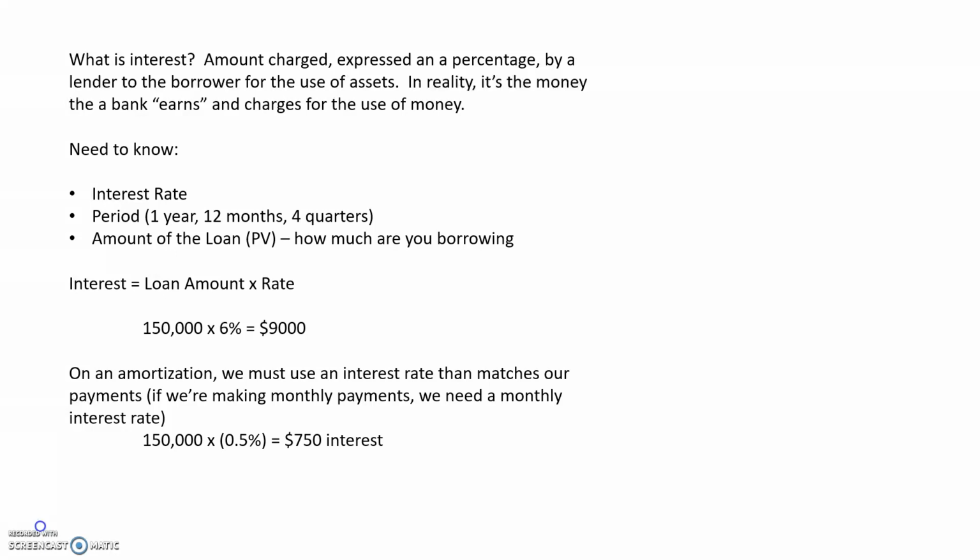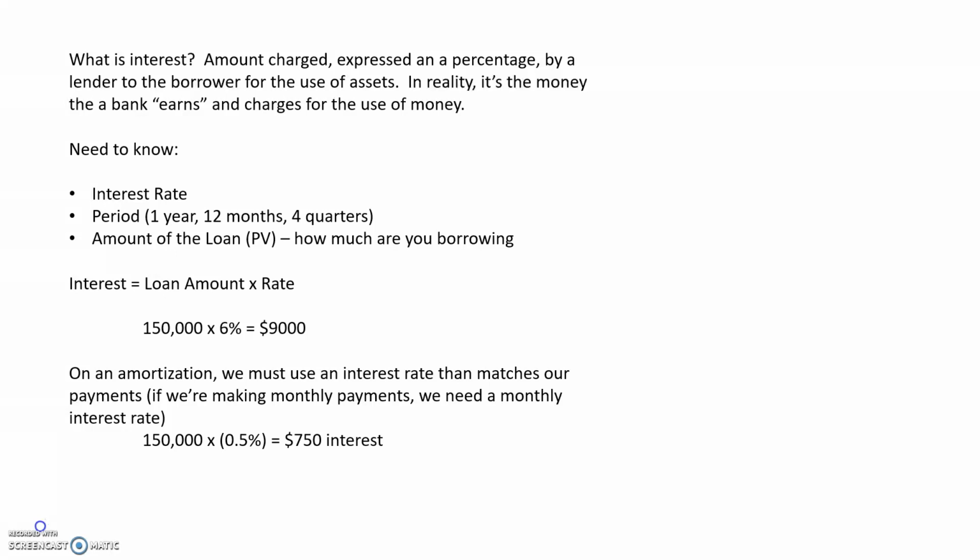So quickly, let's talk about what interest is for a minute. I looked up a definition of interest online. This one's okay. It's the amount charged, expressed as a percentage, by a lender to the borrower for the use of assets. In this case, the asset is money, the borrower is us or our company, and the lender is a bank.